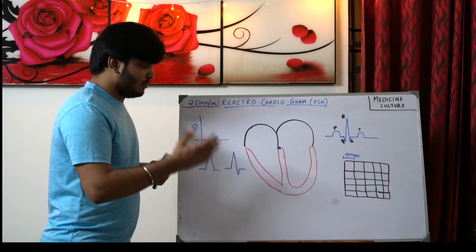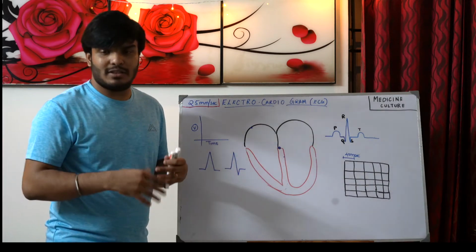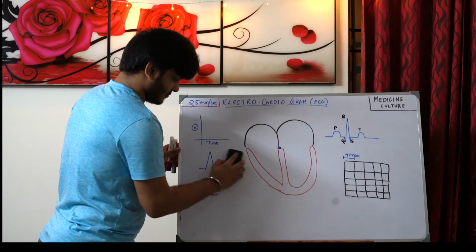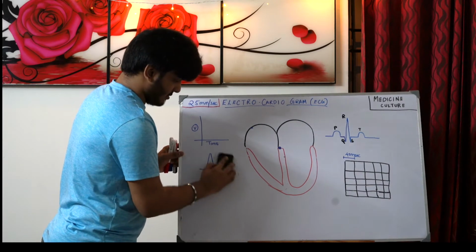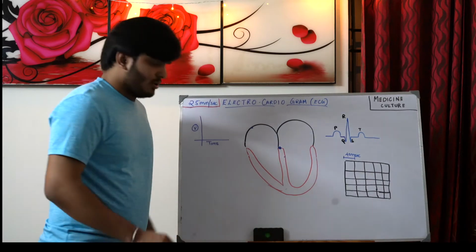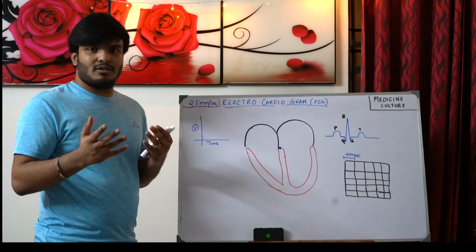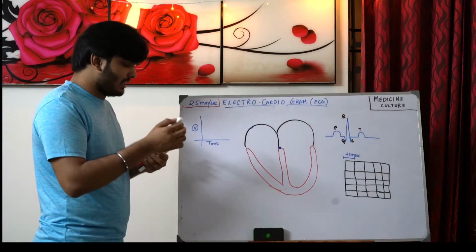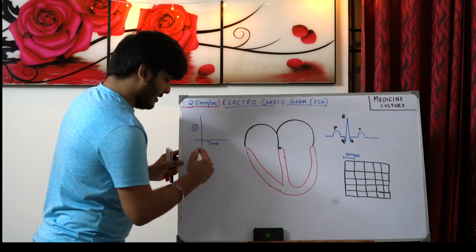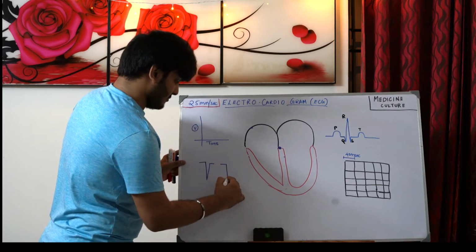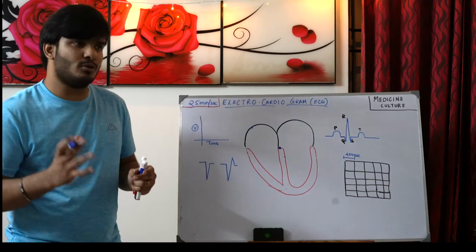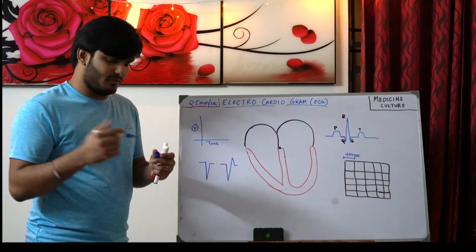When a current flows opposite to the direction of the axis of the heart, we get a negative deflection. The negative wave will be either like this or like this. This pattern happens when a current flows opposite to the electrical axis of the heart.